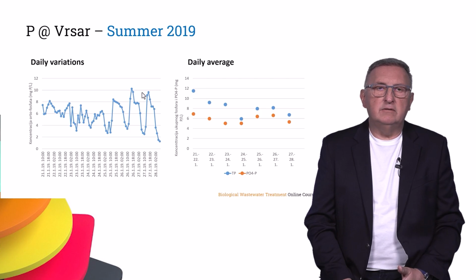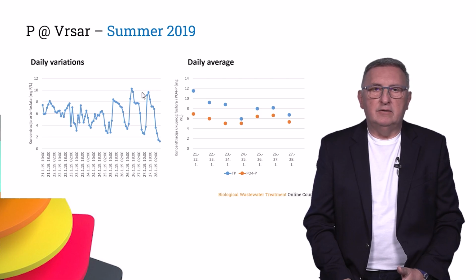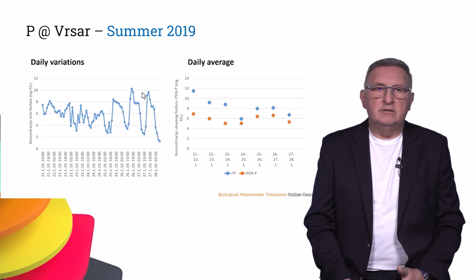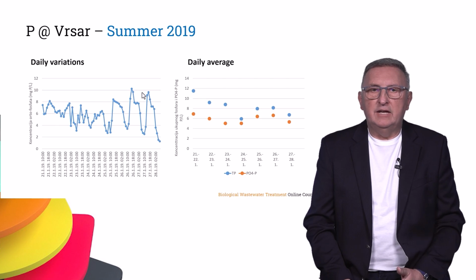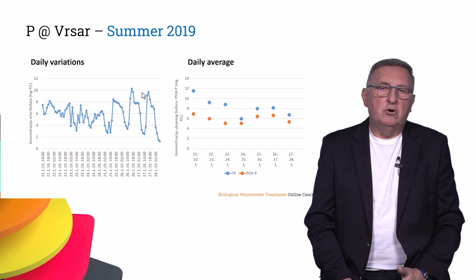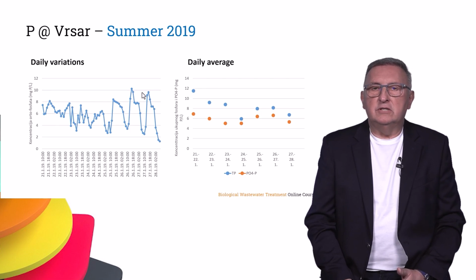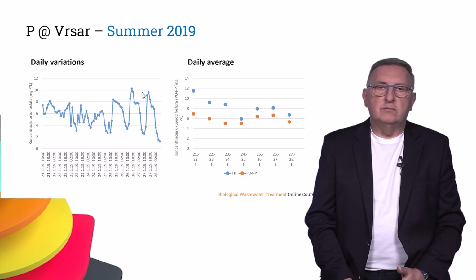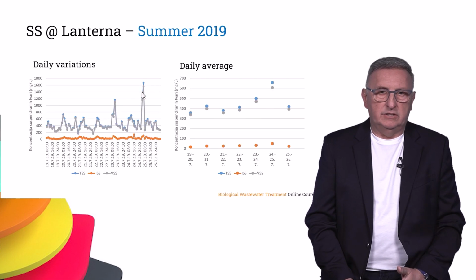Regarding phosphorus, we took data from Vrsar treatment plant in the summer 2019, and you can see daily variations in phosphorus ranging from 2 to 10 or a little bit more milligram per liter, and the daily average is around, let's say, 8.5, which are normal concentrations for wastewater without industrial discharges.